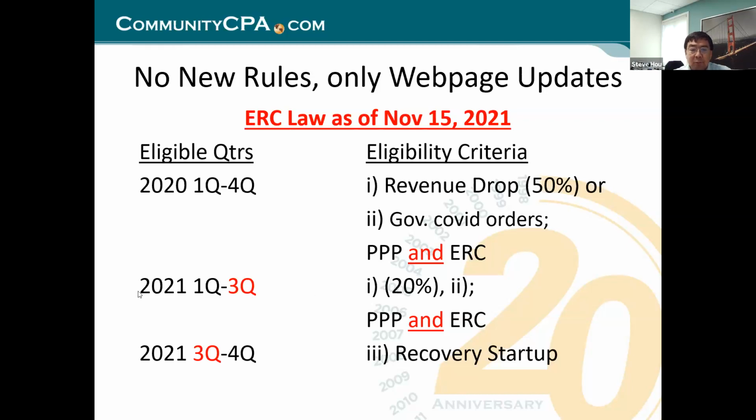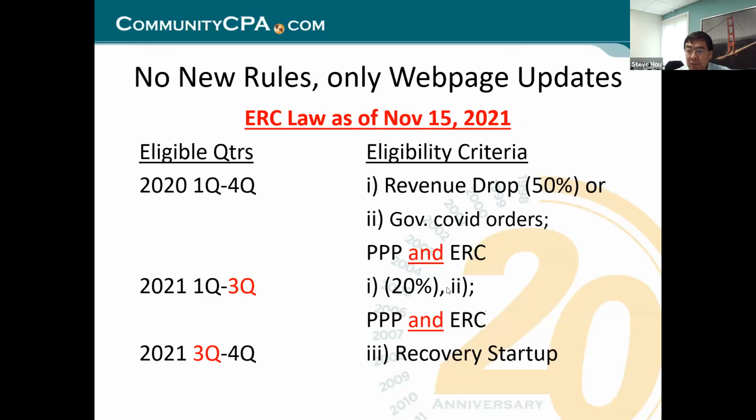Okay, then for 2021, the first 3 quarters, you can still qualify under either one of the 2 criteria. First, the revenue drop, which is similar to 2020, except that the threshold for the 2021 quarters is 20%. So your drop needs to be greater than 20%, not 50%.